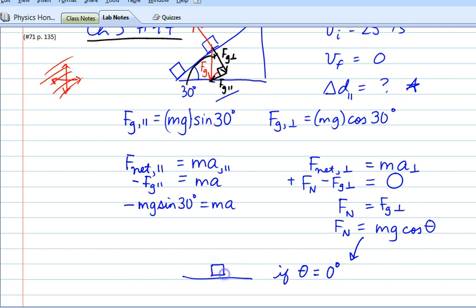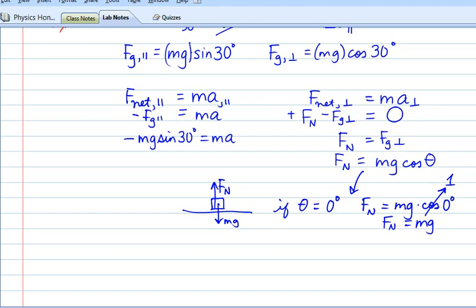So in that case, this would tell us that the normal force is equal to mg times the cosine of 0 degrees. And the cosine of 0, check it on your calculator, is 1, so the normal force would be equal to mg. And so this gives us a pretty familiar result, that on a level surface, the normal force is equal to the force of gravity.